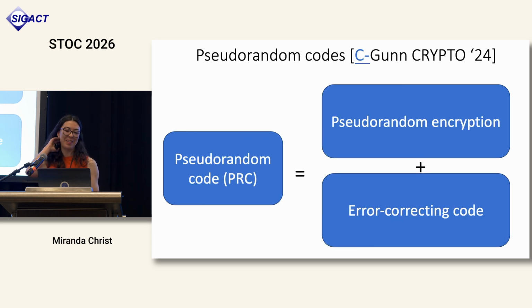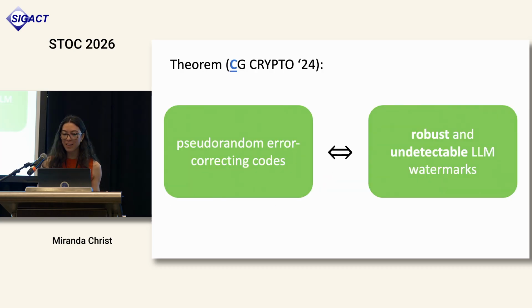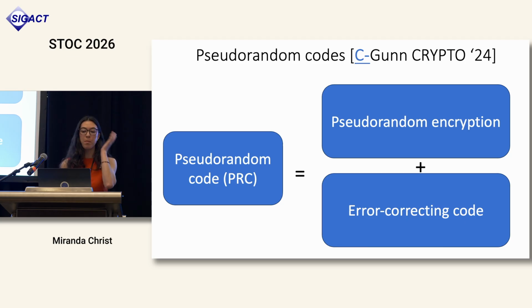And so the main idea of this talk is, instead of using a regular error correcting code, to use a special error correcting code that is actually pseudorandom. And so a pseudorandom code, which I'll define in a bit more detail in a couple slides, you can think of as a combination between an error correcting code and pseudorandom encryption. So it's a keyed error correcting code where code words are pseudorandom. Any polynomial number of code words are computationally indistinguishable from uniformly random strings.